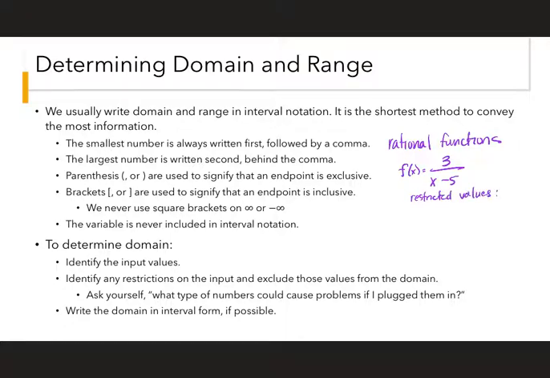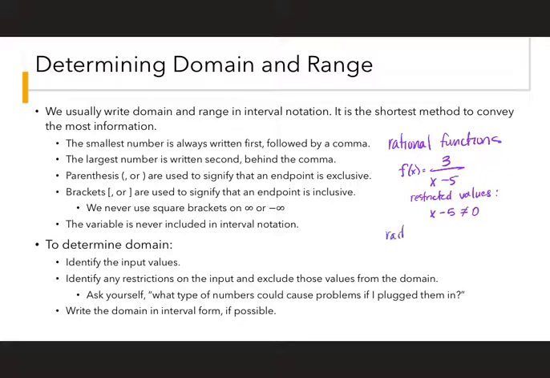Well, those restricted values translate directly to the domain. I know that x minus 5 cannot be 0, and I can use that information to look at my domain and say, well, if you put in this number, you're going to get a problem, right?